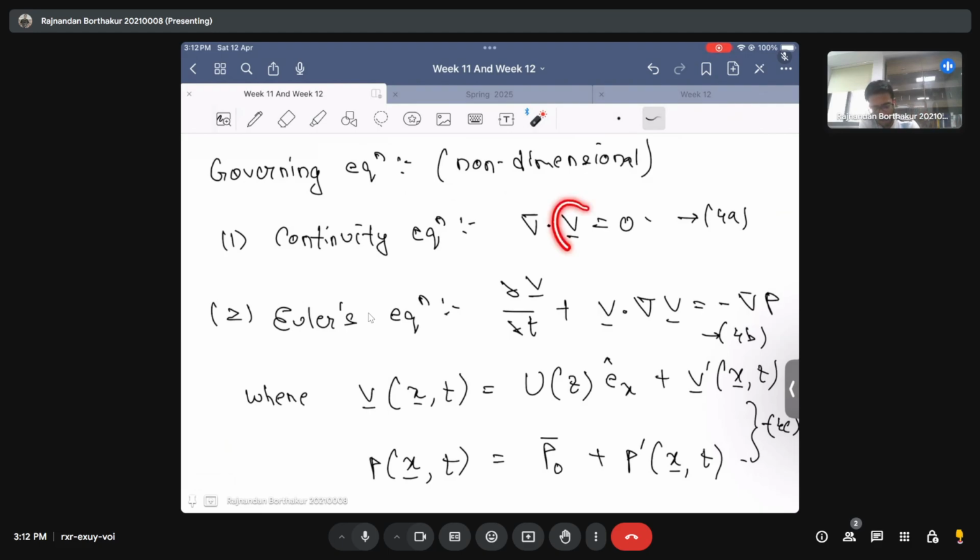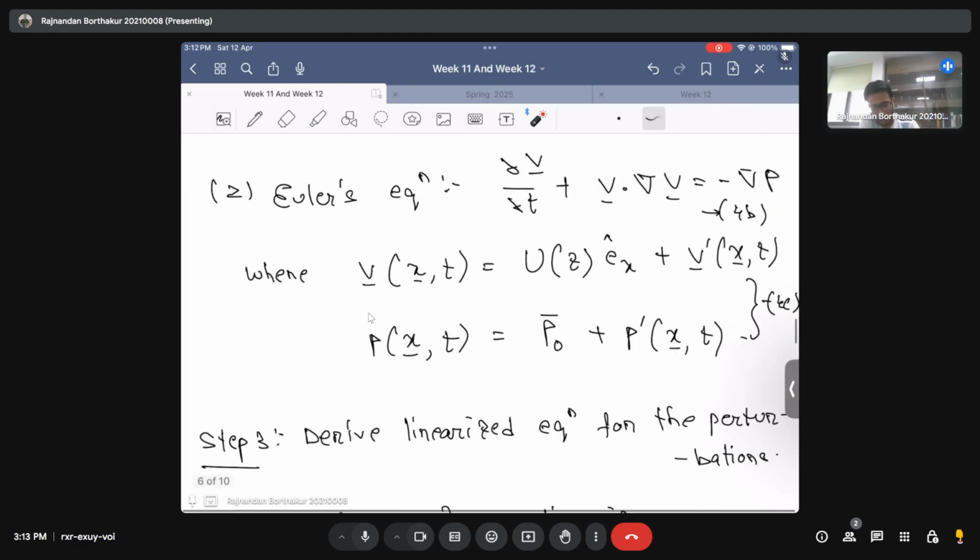For instance, the total velocity is given by v, and the total pressure field is given by p. But remember, now this v and p, and also all the other independent variables like time and distance, are all non-dimensional. Similarly, we wrote the aggregate variable, now in non-dimensional form, as comprising the base variable plus the perturbations.